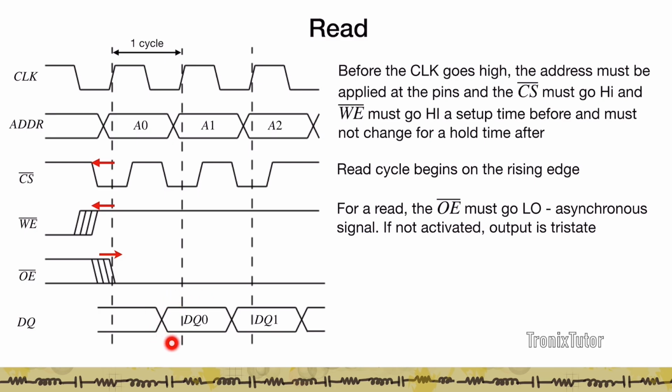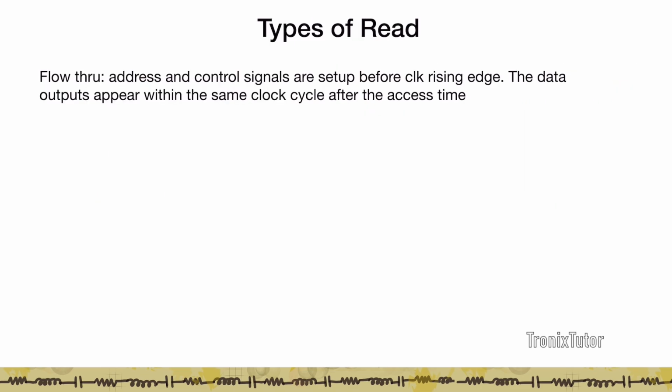So to ensure that the data is ready and available post the read, this output enable has to go low. And the data appears at the pins after an access time. So the access time denotes what is the fastest time when data is available when an address is supplied at the SRAM.